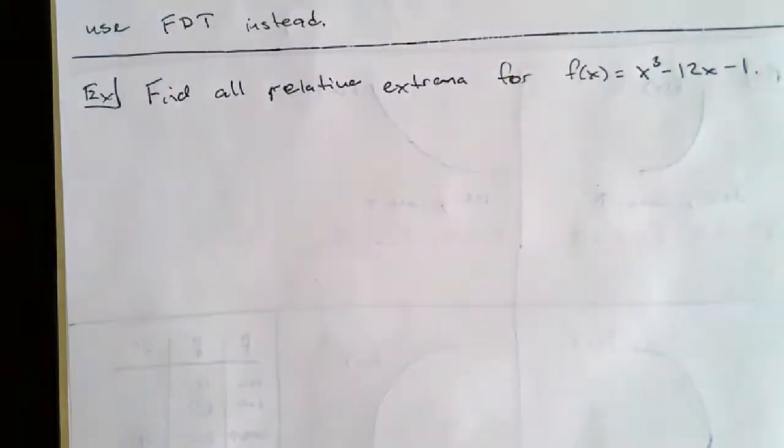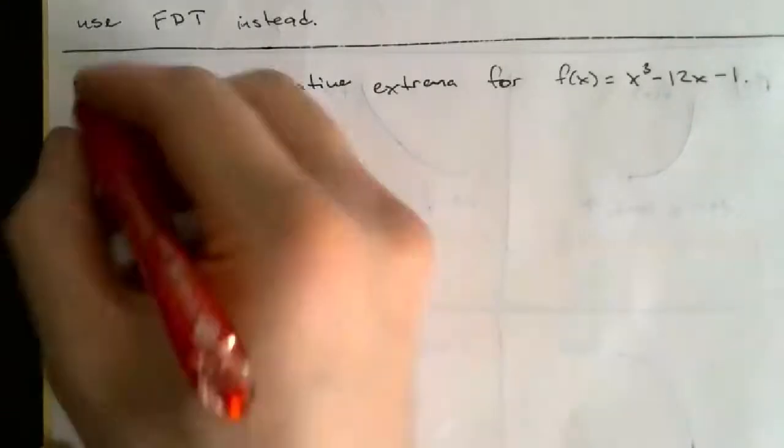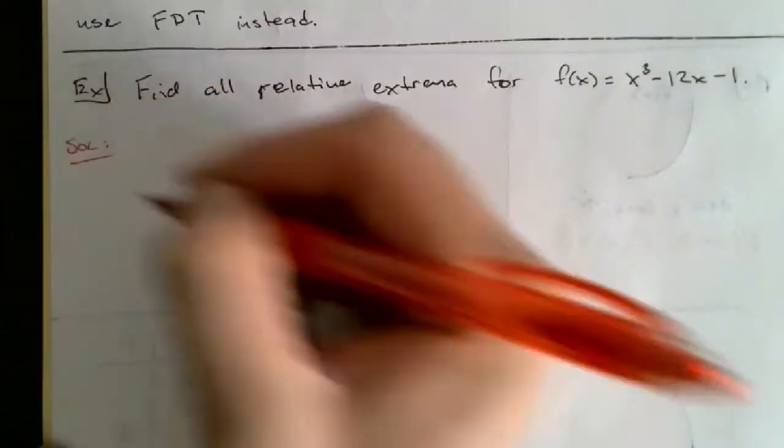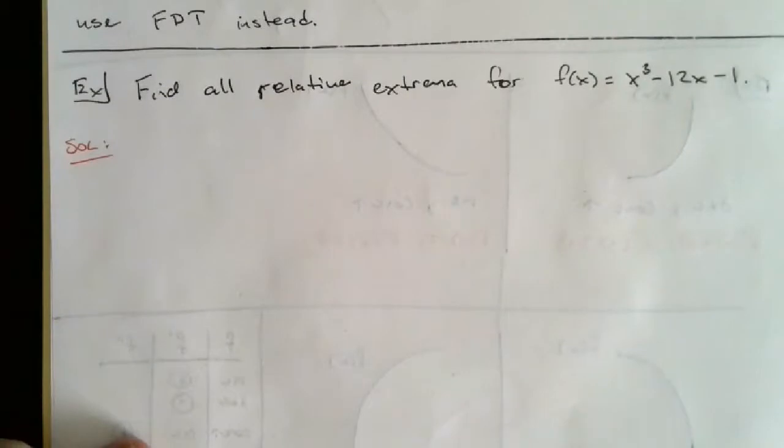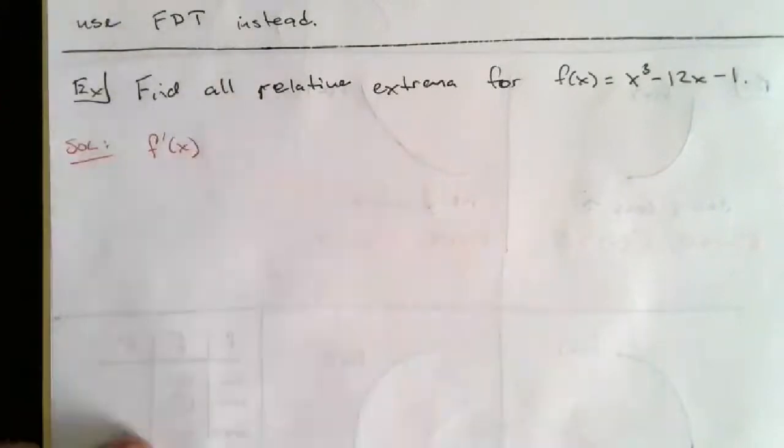And we'll try and use the second derivative test because that's what we're talking about in this section. But either way, the way you start this is that you want to find the critical values first. So to find the critical values, remember how this worked. You want to find where f prime of x was equal to 0 or f prime of x was undefined. So first we need to find f prime of x.